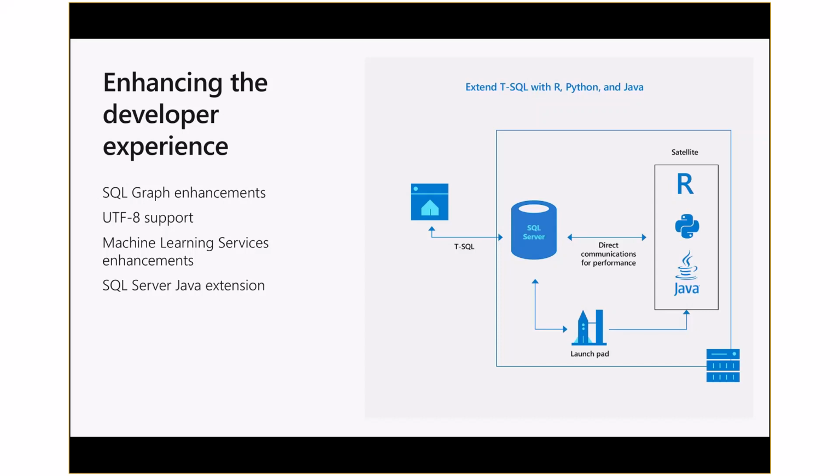To do it in a different way, we introduced this with the R server and machine learning server. We basically have a process that is called the launchpad. It's its own process. We have the SQL Server process, of course, and whenever we run this kind of external code or managed code, our launchpad launches its own process that is kind of a child process of the SQL Server process.